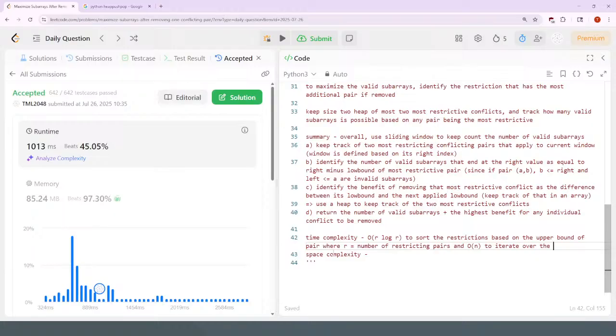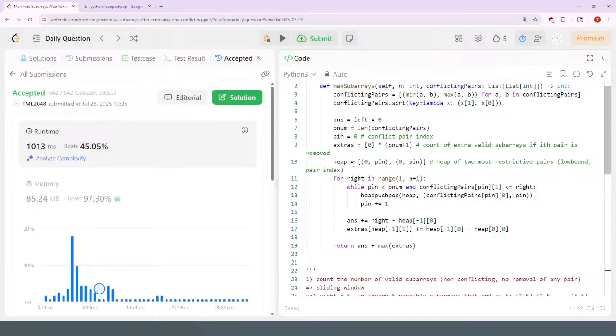It's O of n and also O of r here, because you have to still iterate over the pairs.